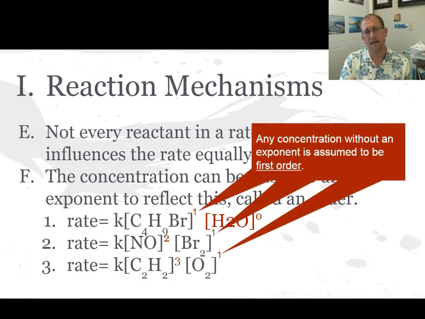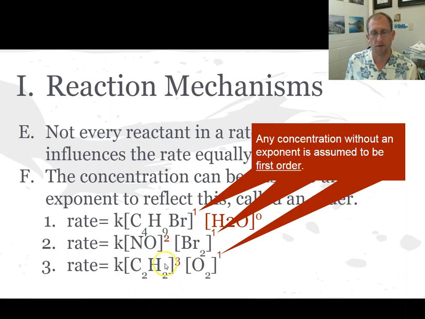If we don't give it an exponent, we assume that it's a 1, and that's true of all math. Any number where we don't have an exponent, the exponent is assumed to be 1. So in all of these other examples, the concentration of C4H9Br is to the power of 1. It's a first-order reactant. The more we increase the concentration, proportionally, the speed of the reaction will increase as well.